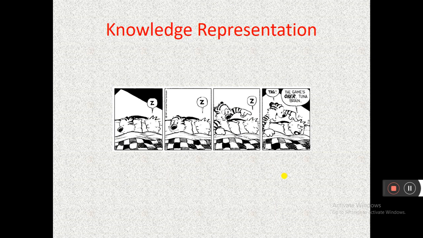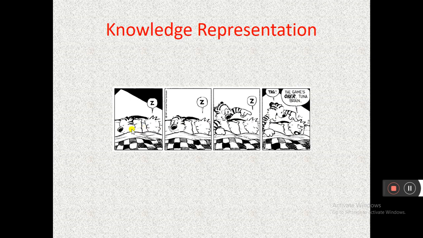So today's lecture is very interesting. That is knowledge representation. If you look at this picture, you will see two animals in this picture.